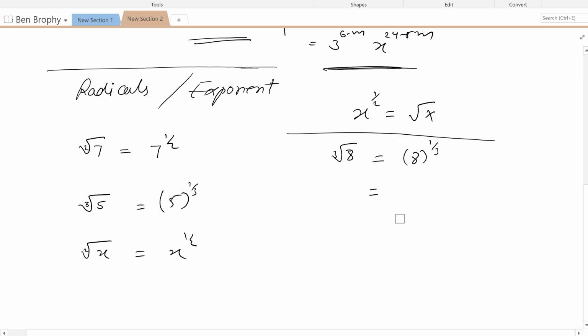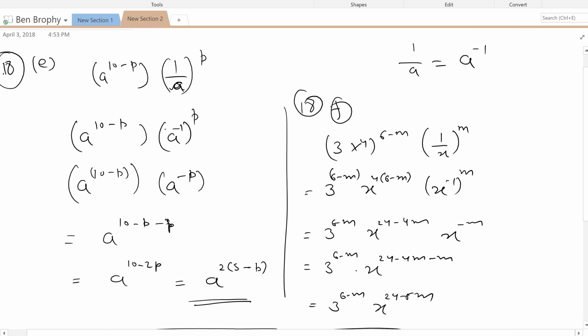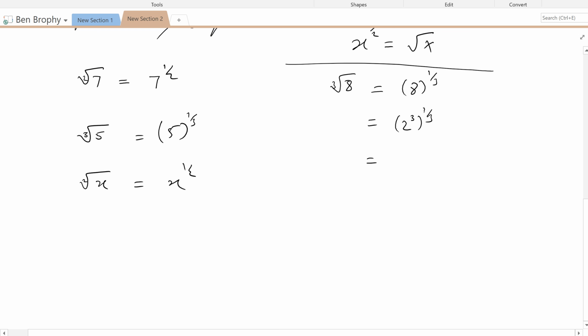Now we solve that. 8 we can write as a power of 2. 2 powered by 3 is 8, 2 times 2 times 2 is 8. Now we use the property, we multiply the powers. So it's 1/3 times 3, which is just 1. So the answer is 2 to the power 1, so that is equal to 2.